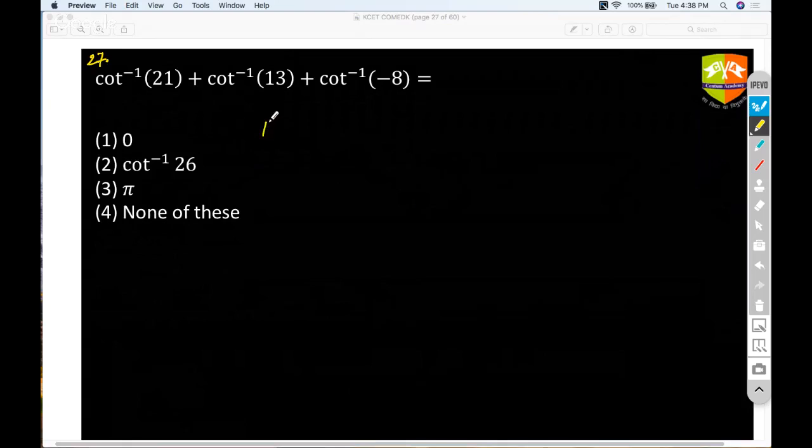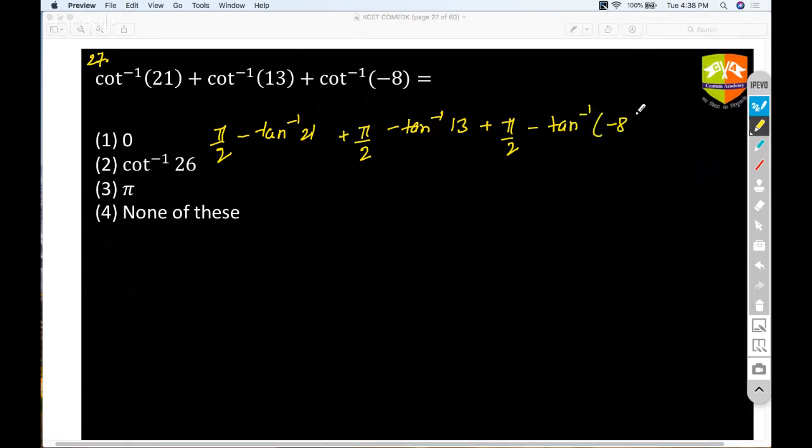Okay, so let's discuss this. I can write this as tan inverse of, pi by 2 minus tan inverse of 21. This I can write as pi by 2 minus tan inverse of 13. And this I can write as pi by 2 minus tan inverse of negative 8.